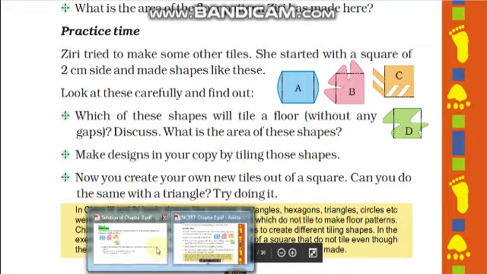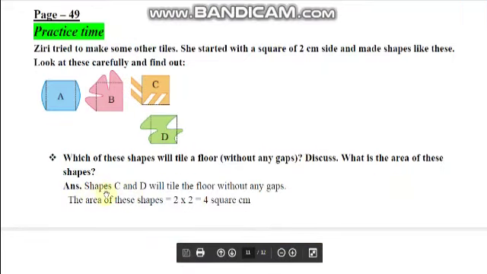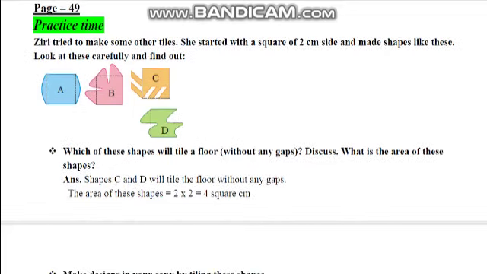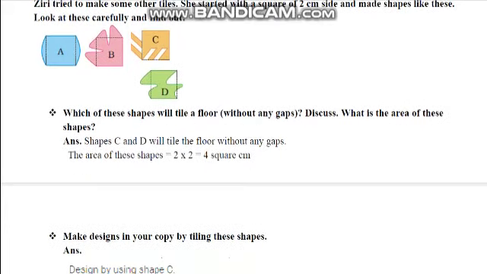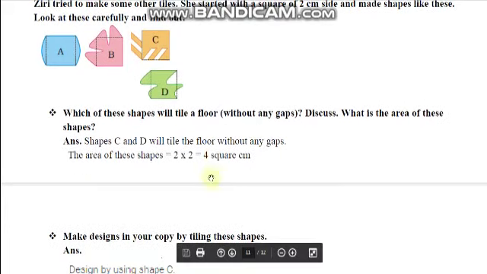Okay, so firstly we have to tell that shapes C and D will tile the floor without any gaps. Only C and D can make the floor pattern without any gap, and the area of these shapes will be 2 into 2, which means 4 square centimeters.